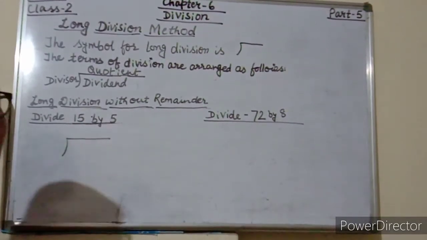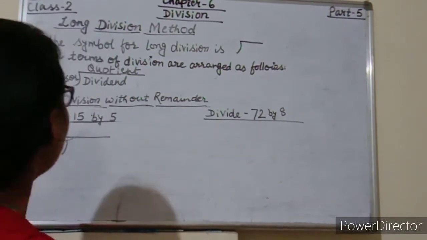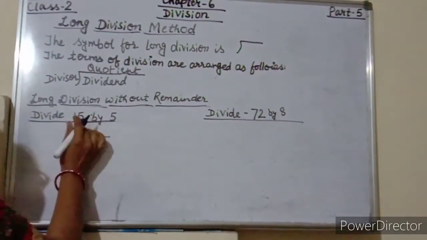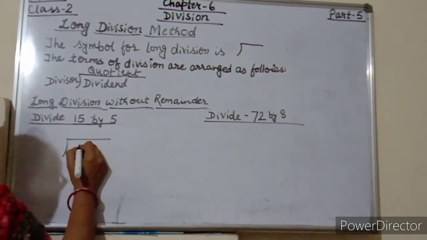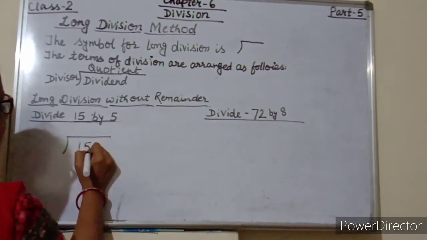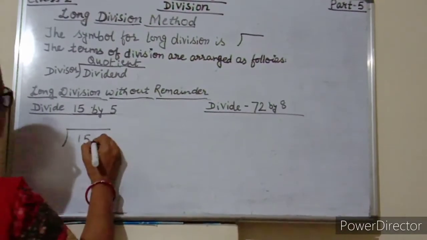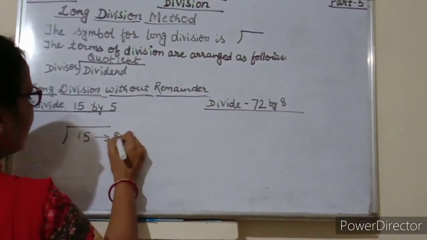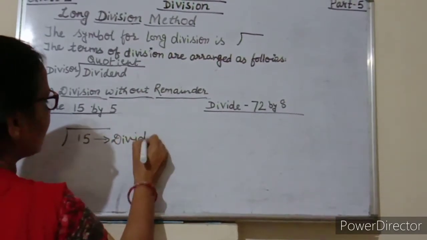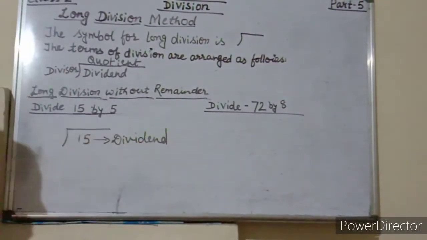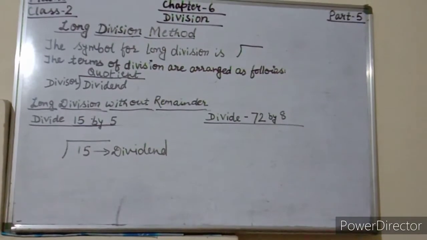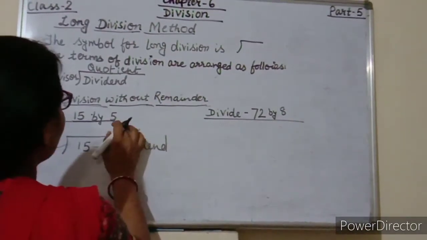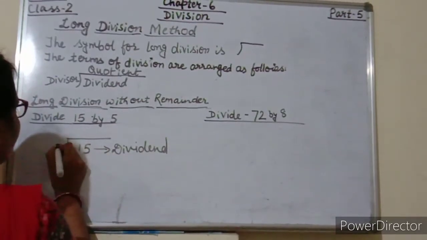Why will we write 15 as the dividend? Because 15 is divided by 5. So 15 is the dividend. Students, I said before that the dividend is the number which is divided, and here we will write 5.